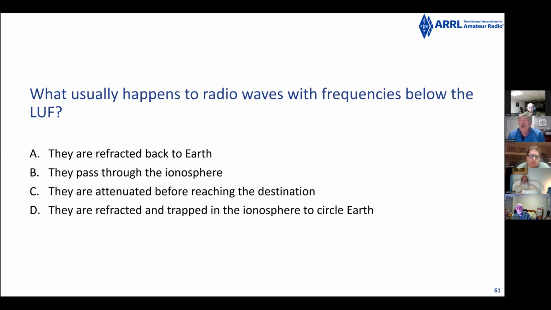I got this one wrong when I did the practice test. Is it C, or is that one of the wrong answers I kept giving? Yeah, the answer is C. They're attenuated because the signals are absorbed by particles in the ionosphere. I kept wanting to say B, but that's wrong, because we're talking about the lowest usable frequency, right? Yeah.